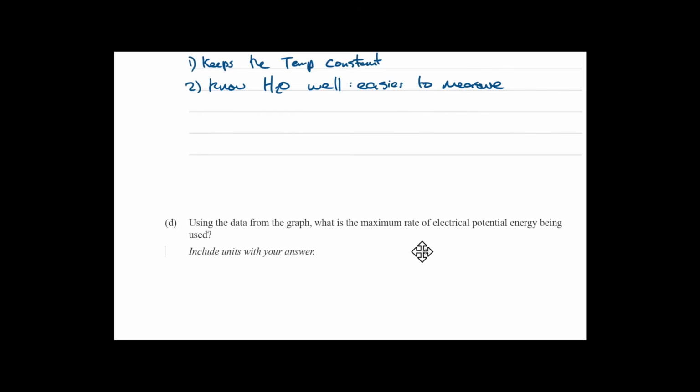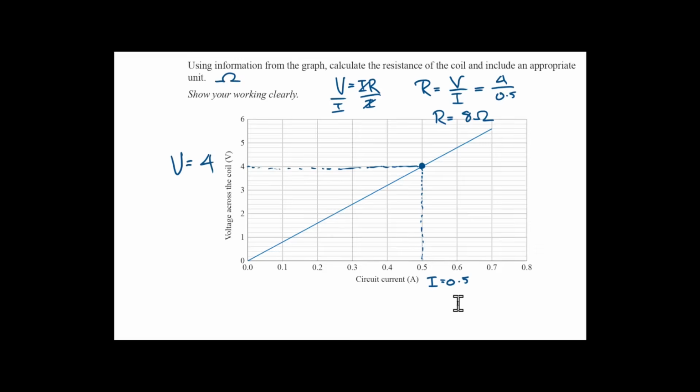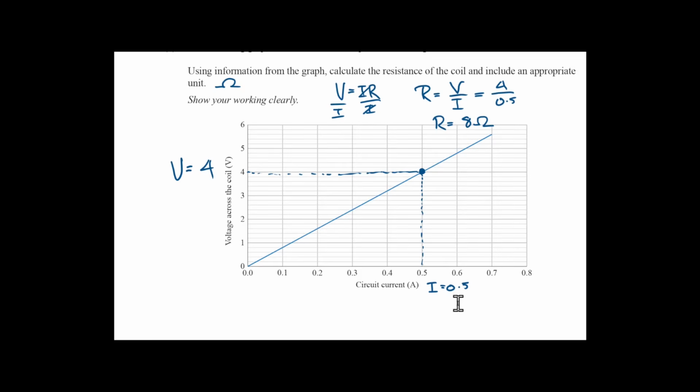Next question says, using the data from the graph, what is the maximum rate of electrical potential energy being used? So let's go to our graph again. If it appears for me, there we go. And we notice here that there is a kind of cutoff point here. So at that point, the current is 0.7 and the voltage is this one here.